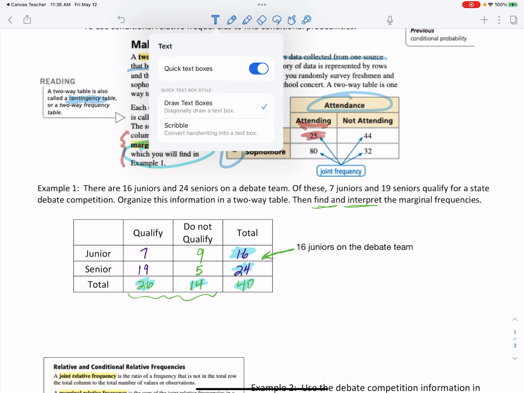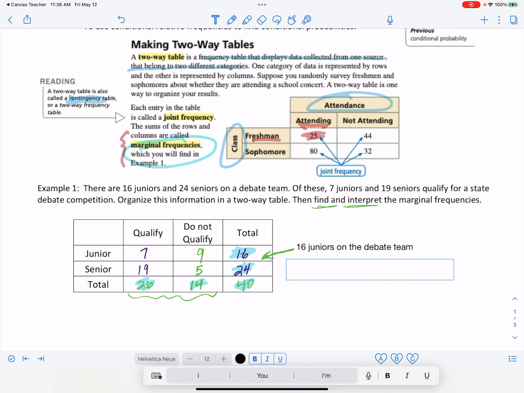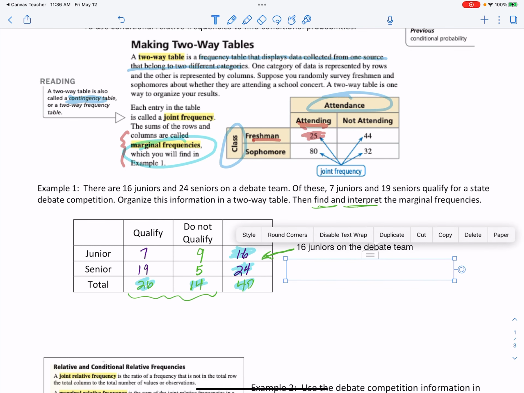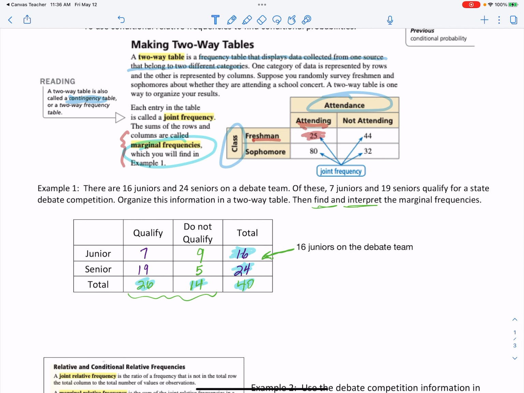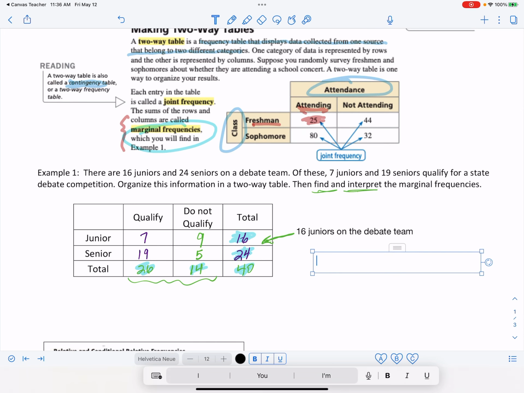And then for the 24, it is that there are 24 seniors on the debate team.